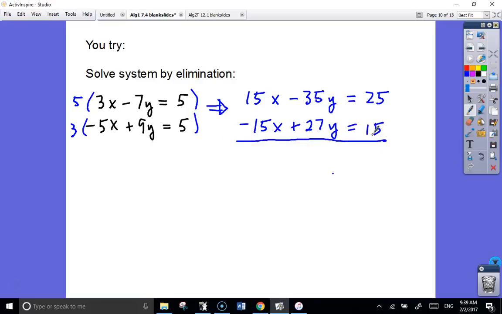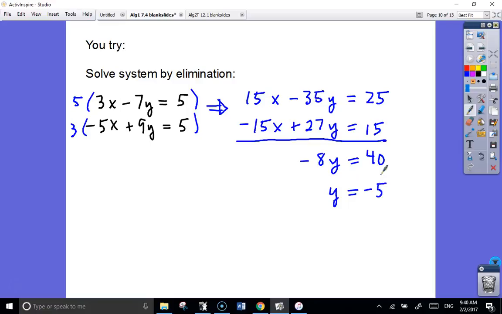Okay, so now it looks like if we add, we'll cancel the x's. So we do that. Negative 35 plus 27, negative 8y equals 40. So what does y equal? Negative 5.